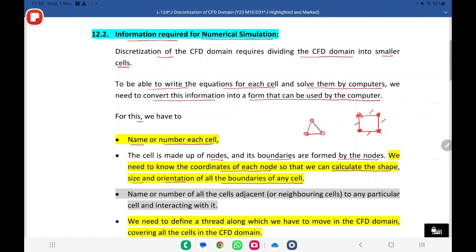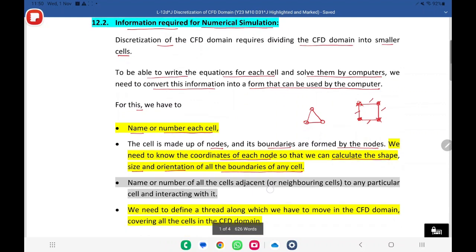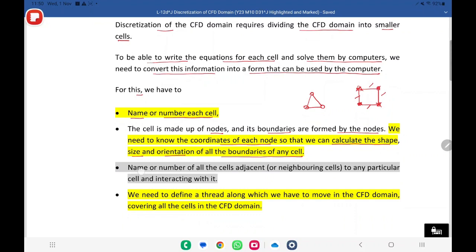But you have to know the coordinates of each one of them. Only then is the cell known. The computer has to know in terms of numbers. Then you require the name or number of the cells adjacent to it, the neighboring cells.